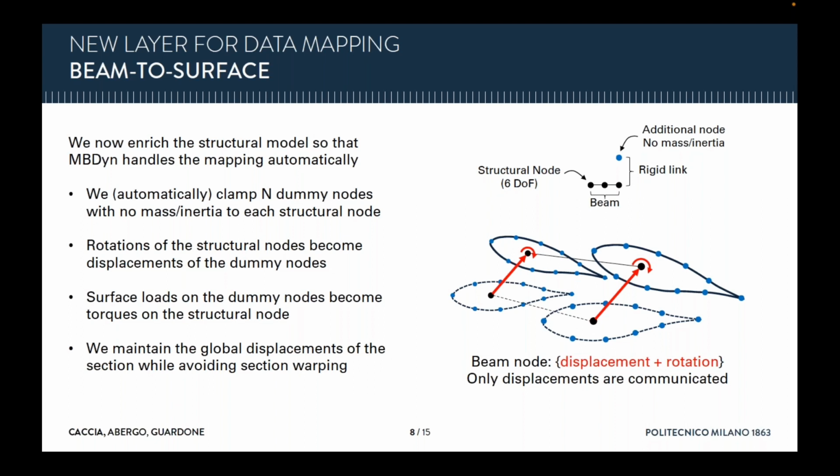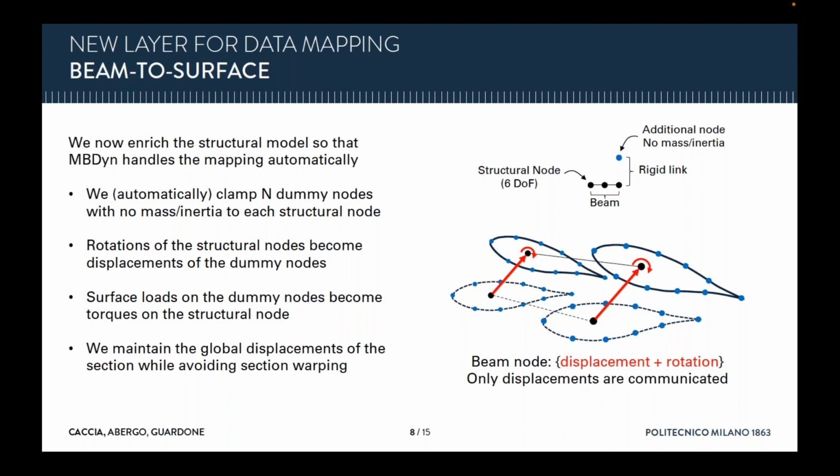So the solution is provided here. What we do is we enrich our structural model, adding a new layer of nodes. So if we have our beam, for each structural node we have a slice of our mesh, and we add these, we call them dummy nodes. So these are nodes that have no mass and no inertia related to them, but they are rigidly linked to our structural node of the beam.